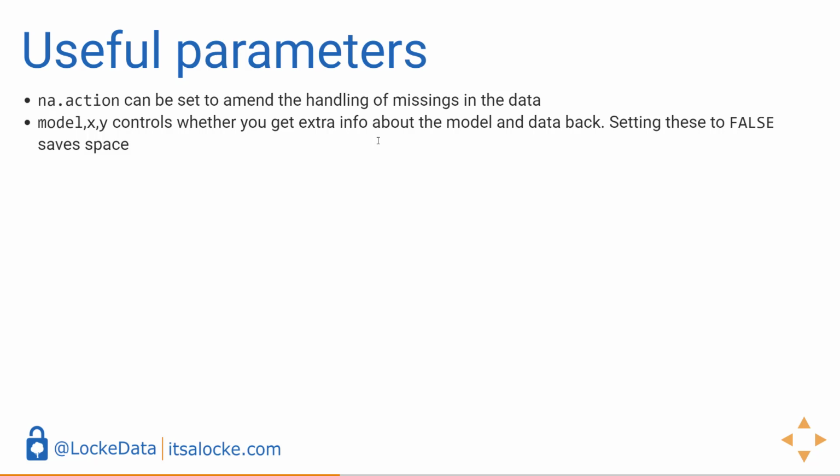If these don't get returned back, then you don't have a duplicate copy of your data lying around, which makes it a much smaller object. That means you can generate more models in memory, or if you store that model for reuse later, it'll take up less space and it'll load up more quickly.